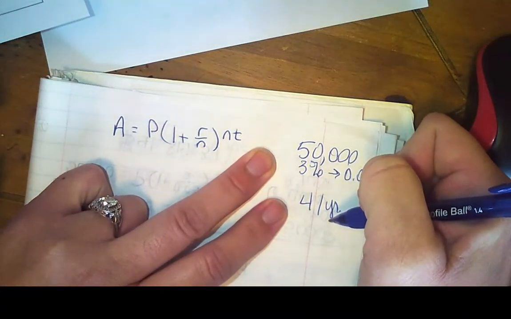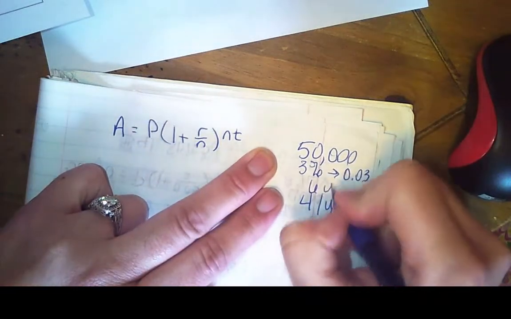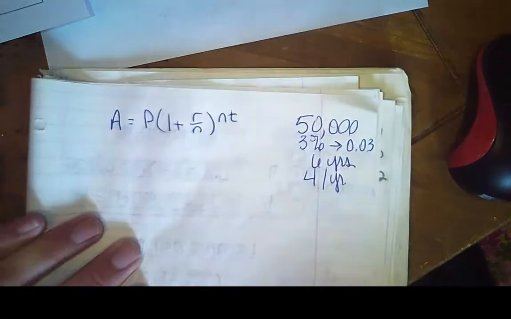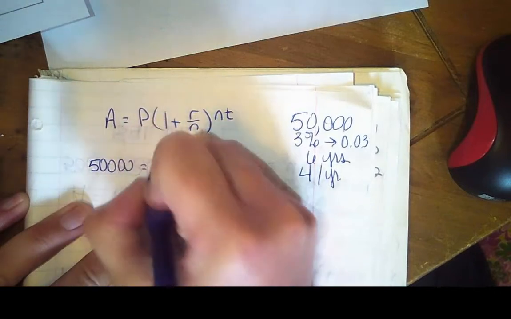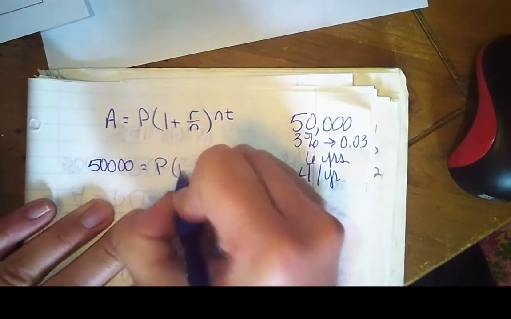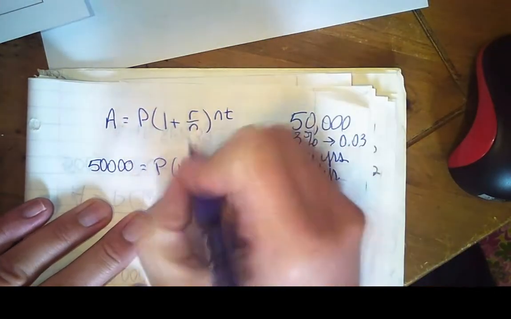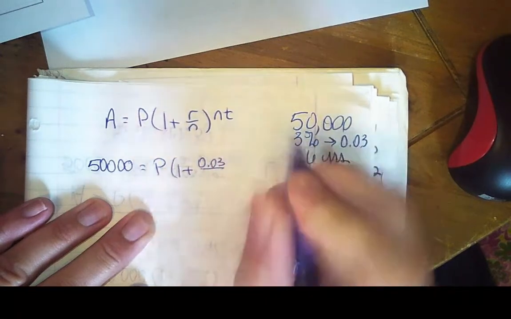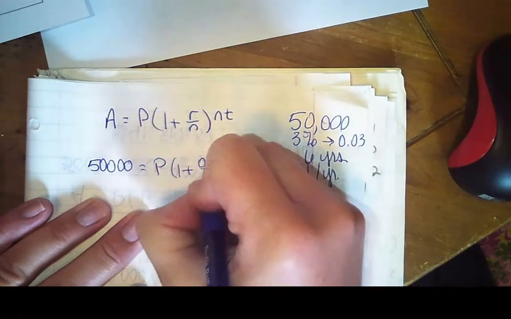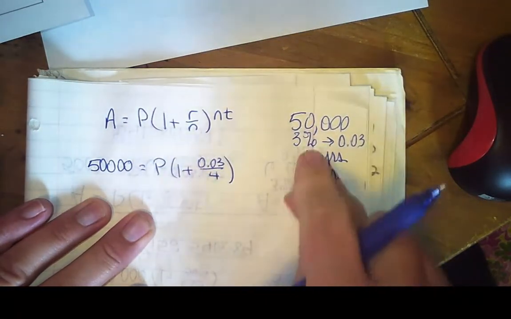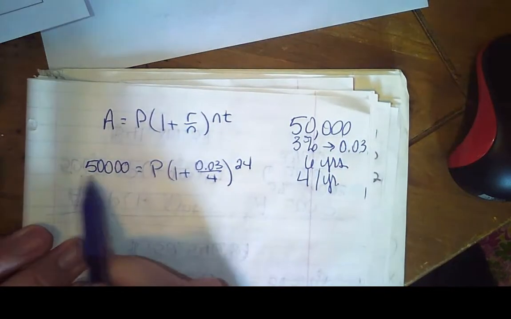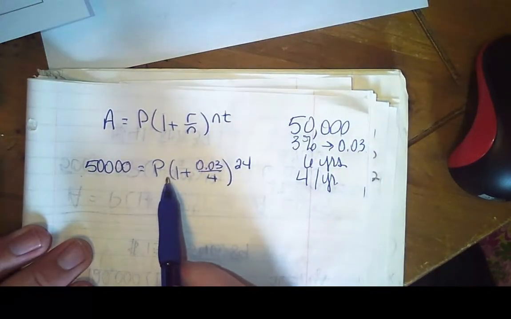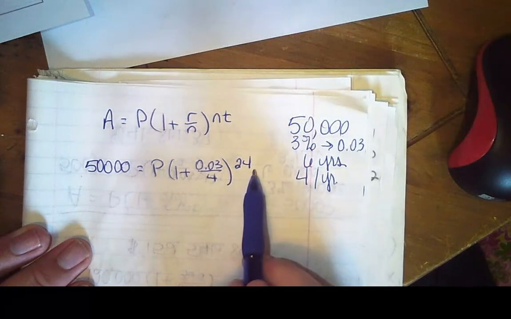And then I have 6 years. So I can go ahead and fill this in. I've got 50,000 equals P times 1 plus my rate, which is 0.03, divided by 4 times per year, raised to the 24th power.